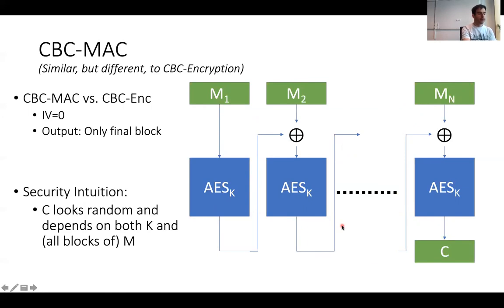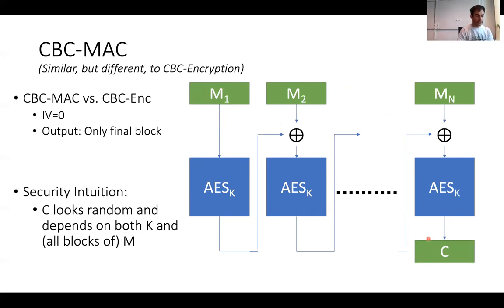Now you can send this message together with the MAC to the receiver, the verifier, and the verifier will check that the MAC is valid simply by rerunning the algorithm in the same way. So we take the message with the key, compute this cascade of AES, XORing the output of block n with the input of block n plus one, until you recompute the final block and check whether this is the same as the one which was received.